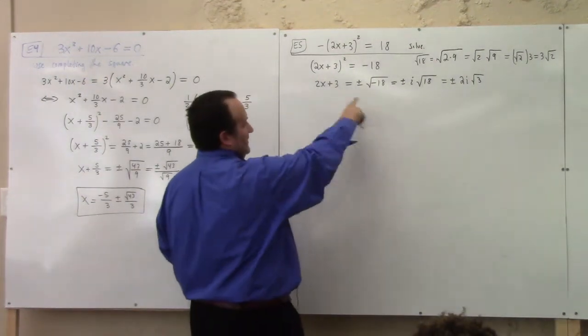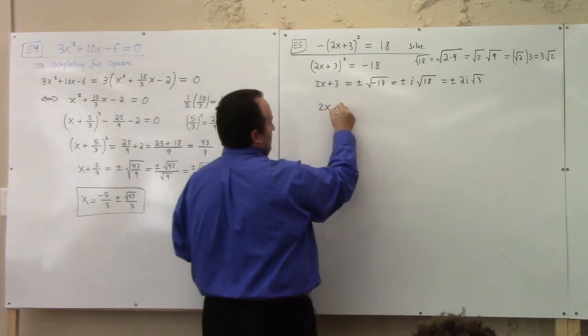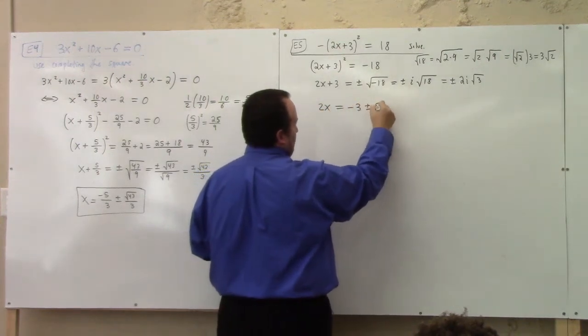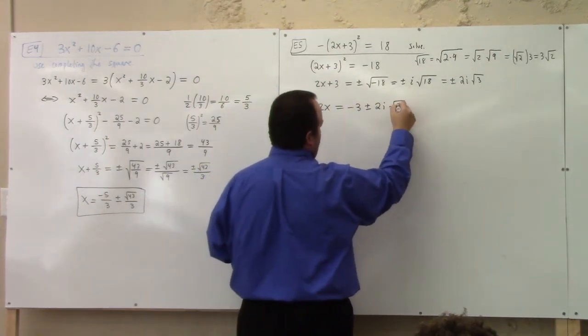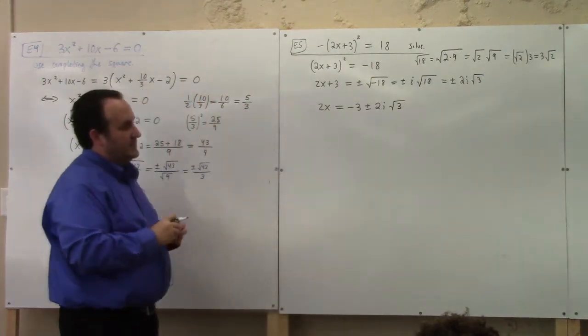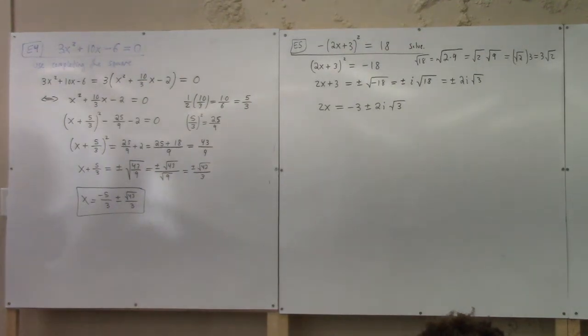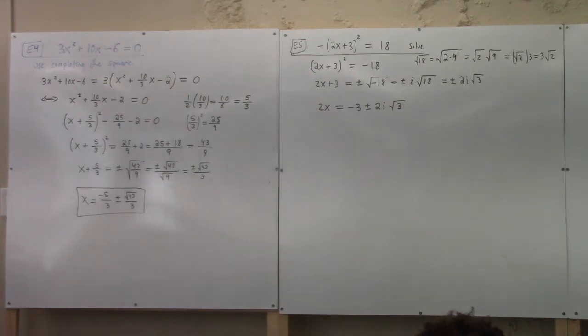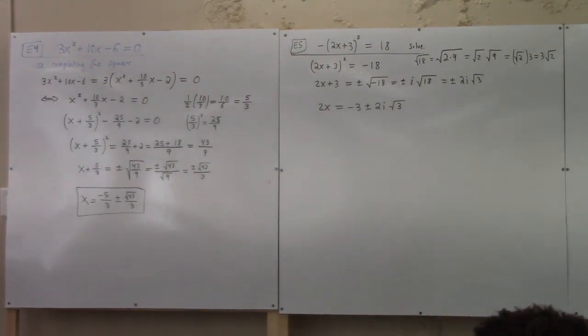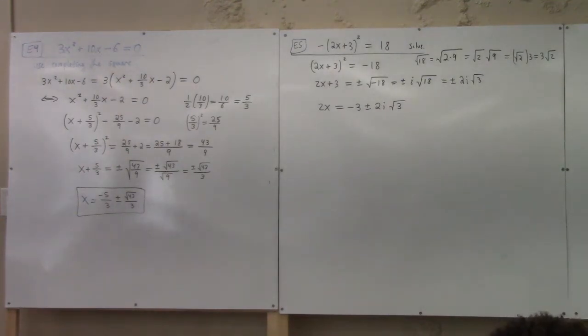Now, let's solve for x. Well, we've got 2x is equal to minus 3 plus or minus 3 times i times the square root of 2. Admittedly, this looks different than the problems we've worked before, but the technique we're using to solve it is all the same, right? Isolate a square, use the square root plus or minus theorem, and then at the end of it all, isolate x.